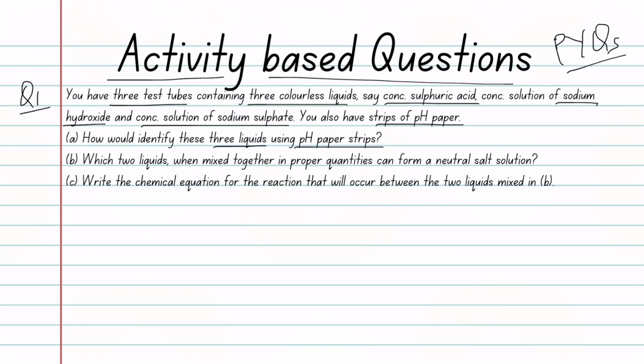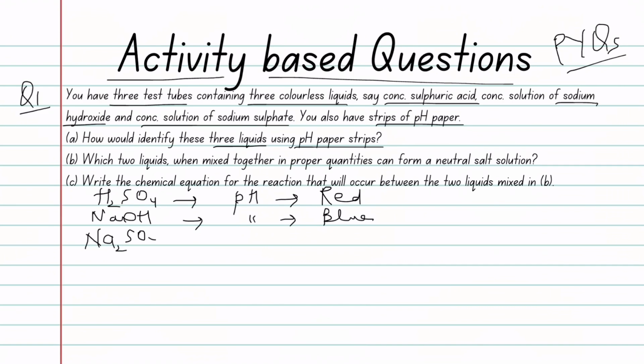Okay, it's very simple that if you have sulfuric acid, that would turn the pH paper red. NaOH solution would turn the pH paper blue. And sodium sulfate, which is actually a salt made from H2SO4 and NaOH.